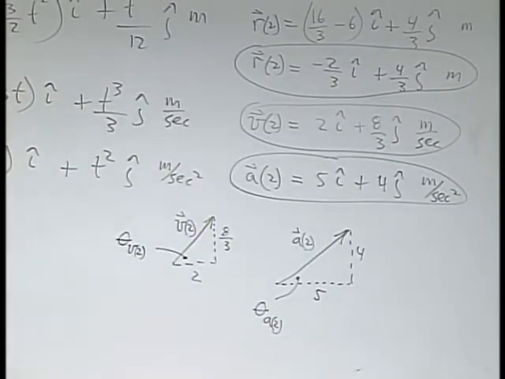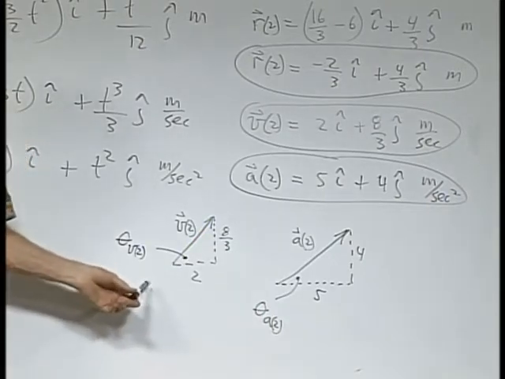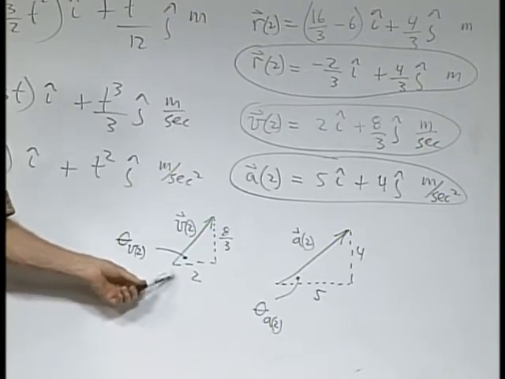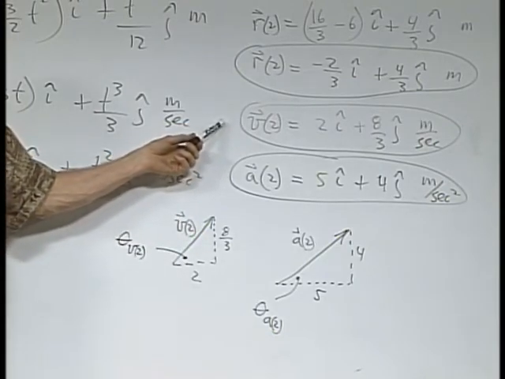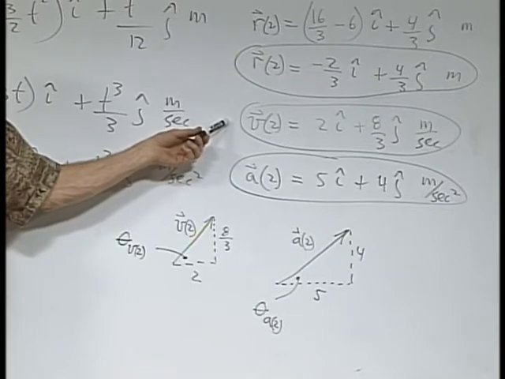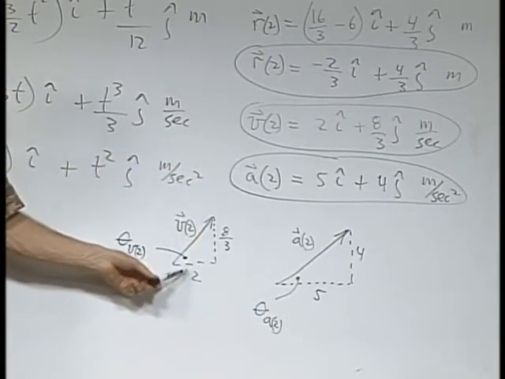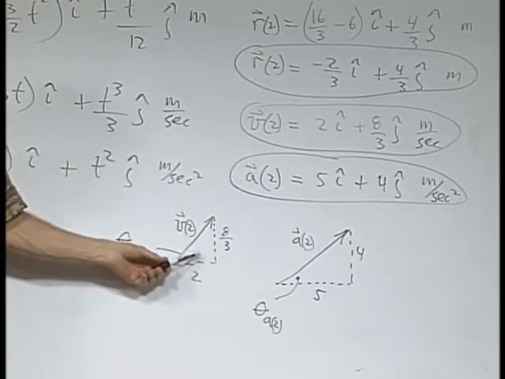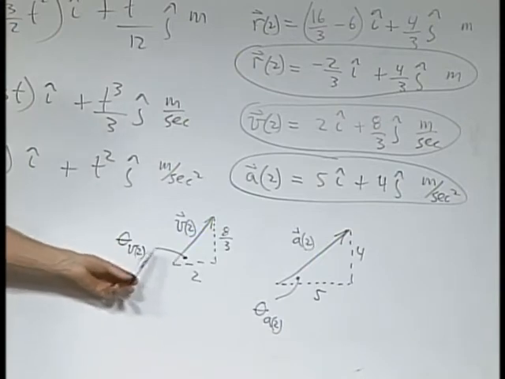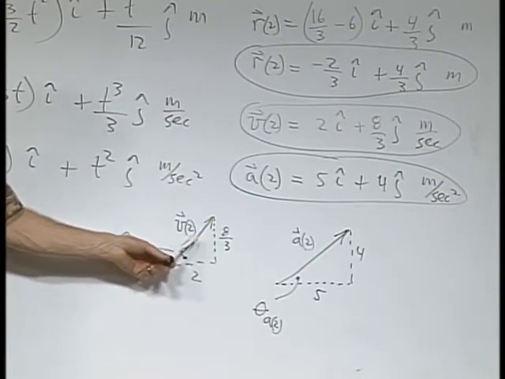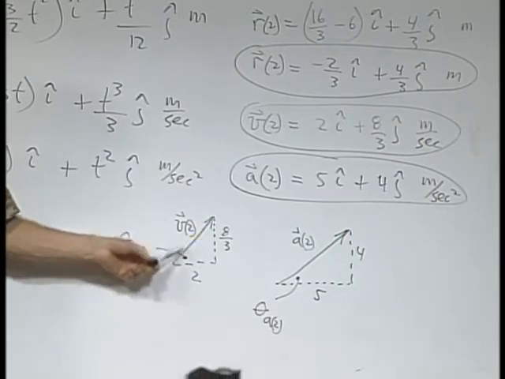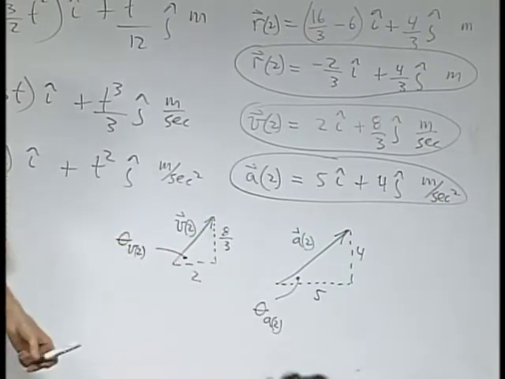So this is 6.2. Okay, this is the kind of little graphics that I'd like you to include in your work when you're doing a problem such as this. If you look at this velocity at 2 seconds, you'll notice that here's a little sketch of it with its orientation. And there's some internal angle right there between the actual velocity vector and the x-axis.